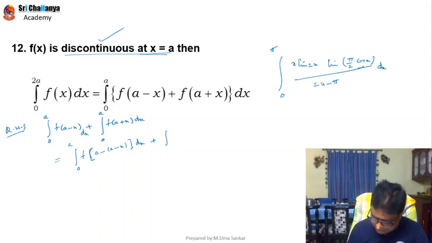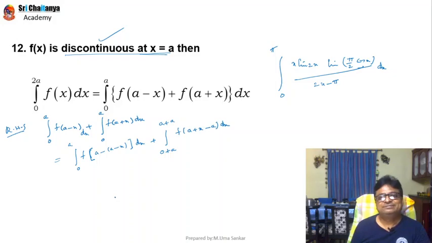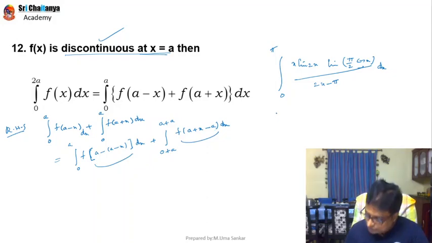According to the shifting property, if I add a to both the upper and lower limits, then I can subtract a from the variable of the function. See, here I applied two beautiful properties. What are those properties? Integration 0 to a f of x dx is equal to integration 0 to a f of a minus x dx.